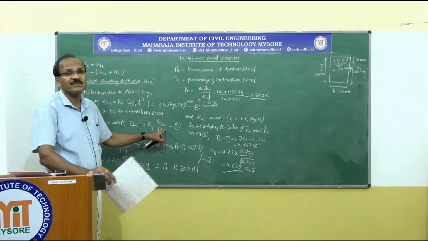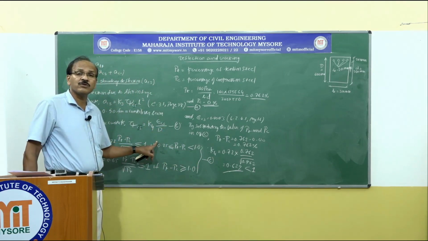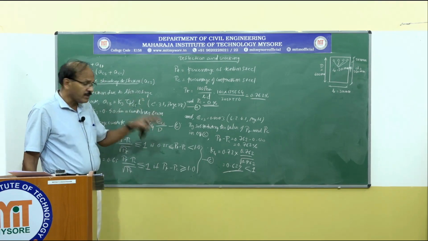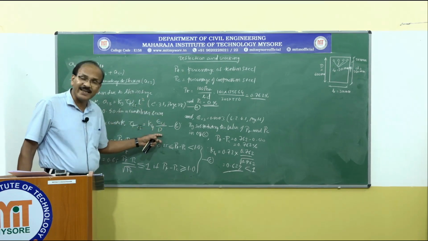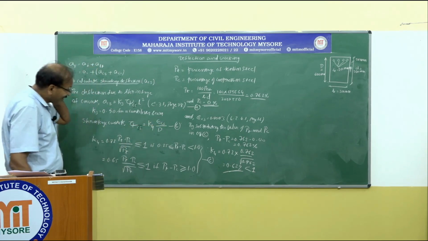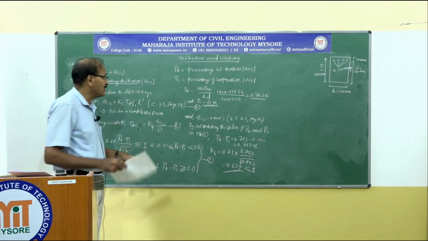We know epsilon CS, we know D, that is the total depth, which is equal to 600 millimeter. So by knowing these three values, by substituting the values in equation B, we can get the shrinkage curvature epsilon CS.